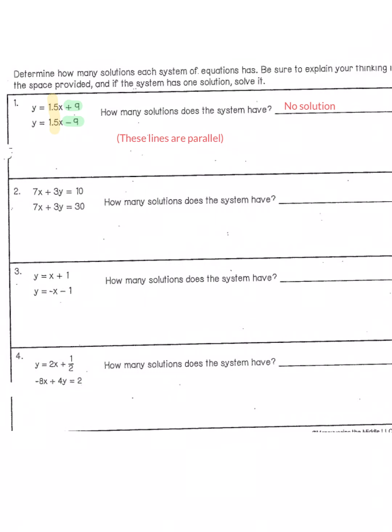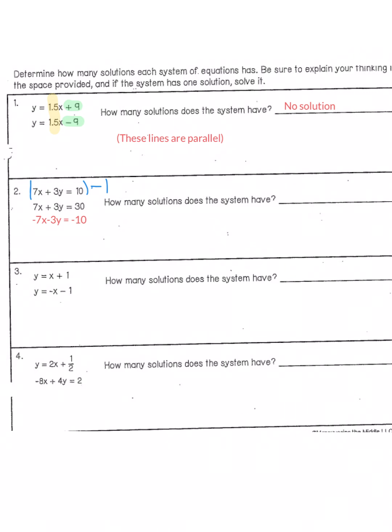I think I'm going to multiply the top equation by -1. When I did that, I got negative 7x minus 3y equals negative 10.